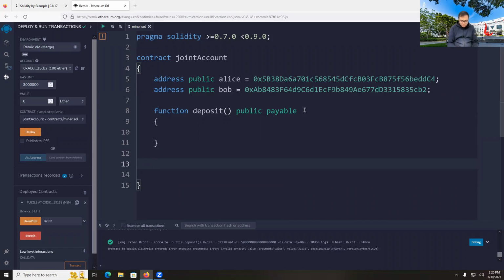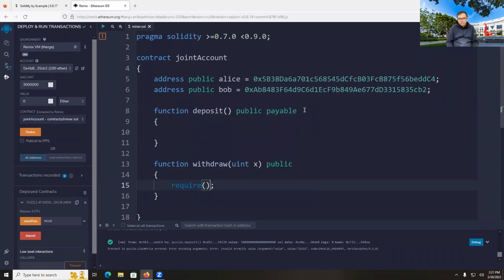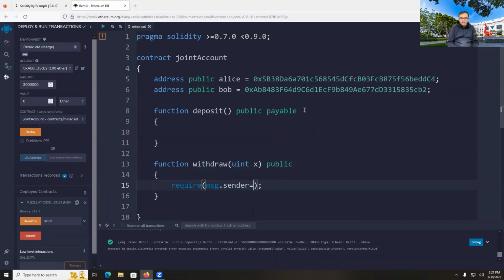And then I will also have another function called withdraw. And it takes some value X. And I want to withdraw, let's say, X units. And this is, again, public. It's not really payable. So I first have to require that the person who's calling this withdraw is either Alice or Bob. So require that msg.sender is either Alice or Bob.